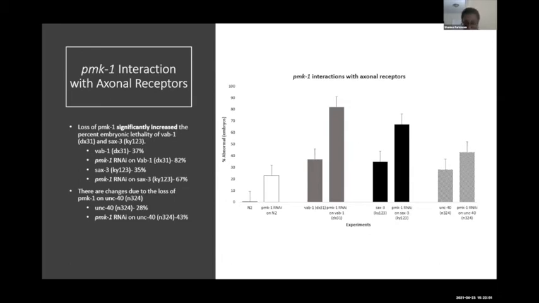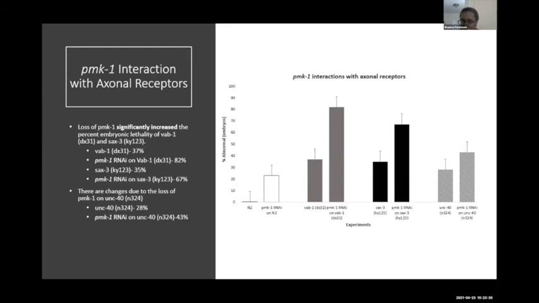For SAX3, we didn't see as much as for VAB1, but there was still a higher percent of abnormal embryos. The one where we saw little to no change was the 40 mutants. So what do these results mean?